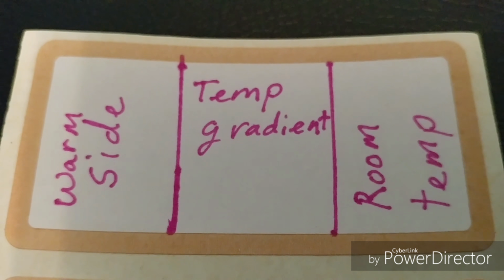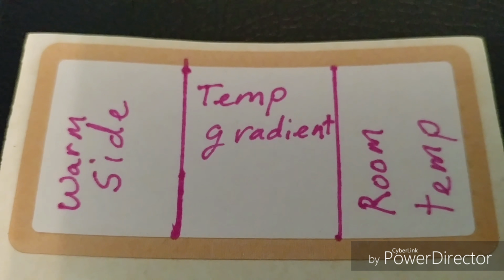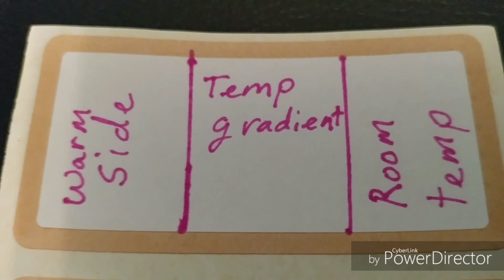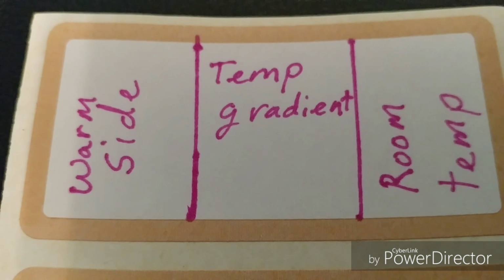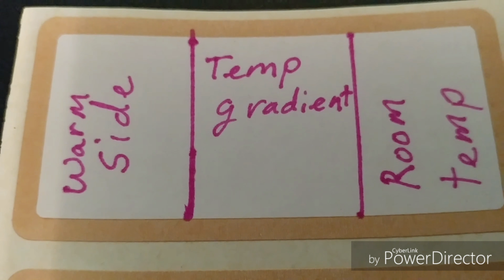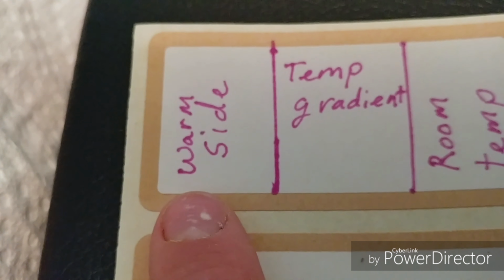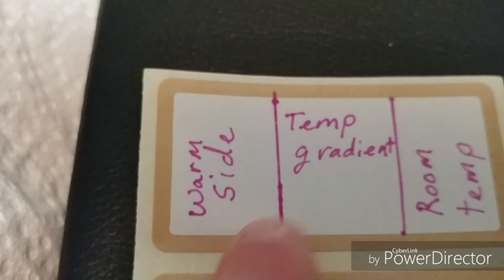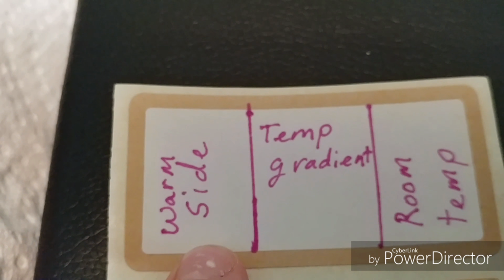Just a general rule for any of the temperature gradients to get you started as kind of a base: we do a third of the tank for each thing. And this warm side would be your under tank heat or your basking light, which I prefer.